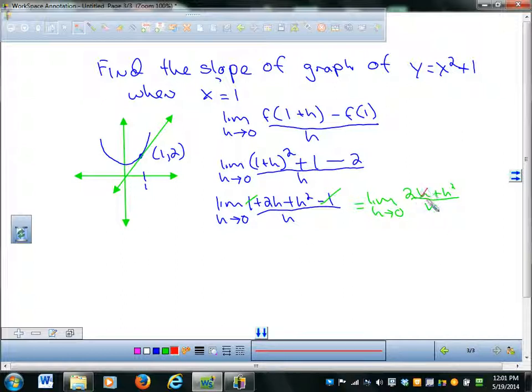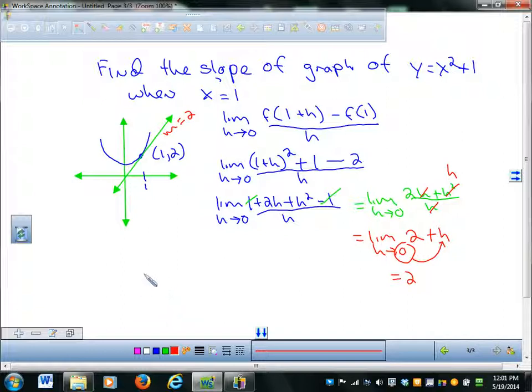I can cancel out an h here, here, and here. Okay? And I get equals the limit as h goes to 0 of 2 plus h, and then I can take 0 and plug it in there, and I get equals 2. Okay? And so that is the slope of this line. Slope equals 2. Okay?